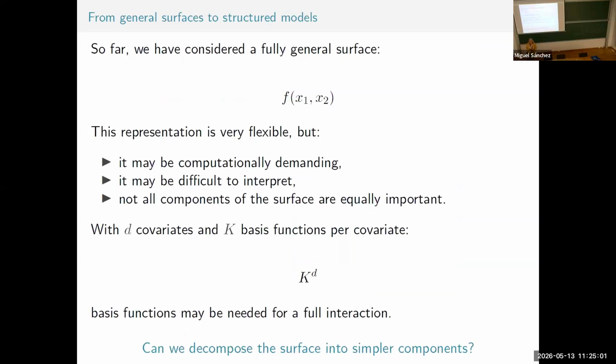Sometimes, of course, when you work with tensor products, the number of coefficients increases a lot, and this can become computationally difficult.